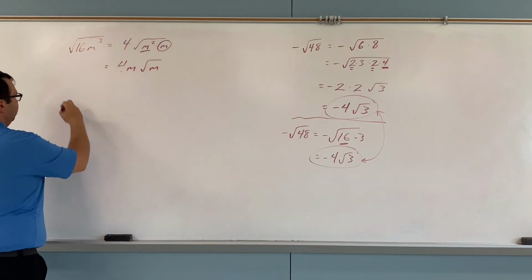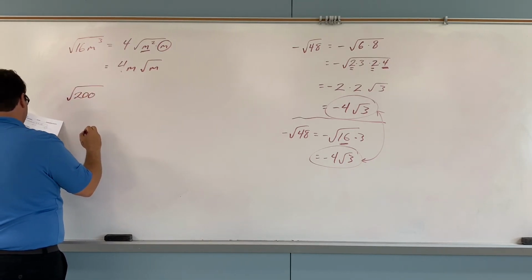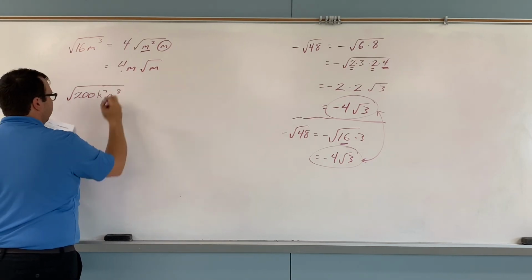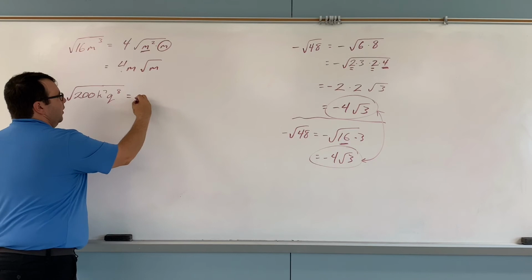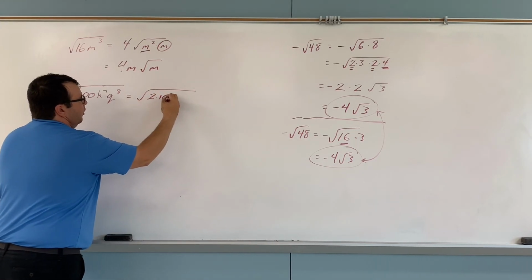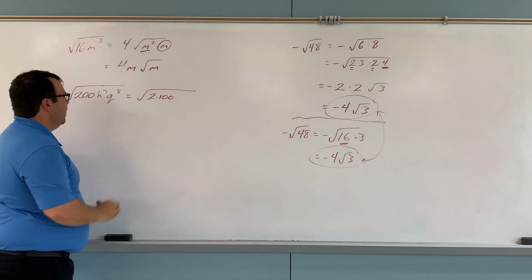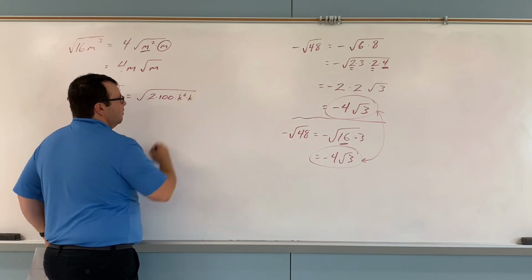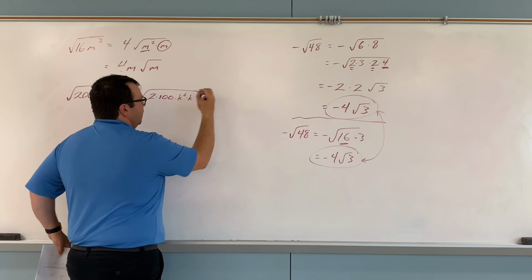Let's try another one, similar to that one. So I have 200 k to the 7th, q to the 8th under the square root. 200. Well, I'm going to look at that as 2 times 100, because I have a perfect square with that 100. K to the 7th, I'm going to write that as k to the 6th times k. Q to the 8th, I like that one. I'm just going to leave it.